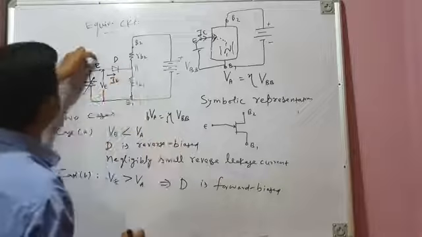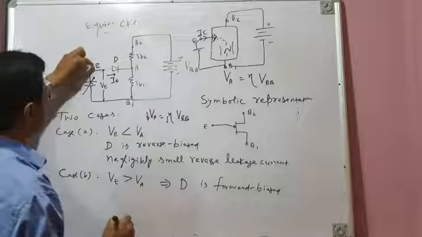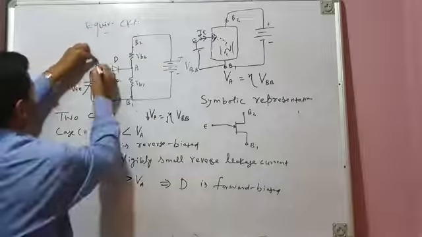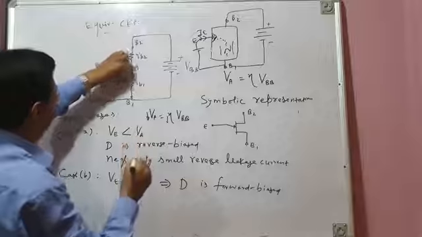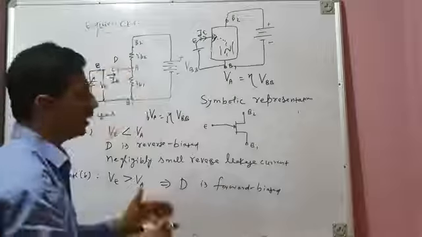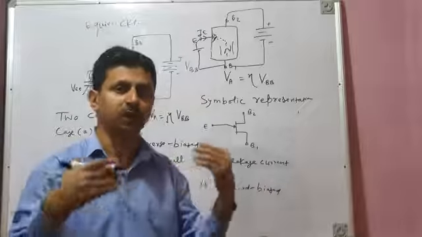So VA decreases, VE is fixed, so it becomes more forward biased. Earlier we had assumed that VE is more than VA. Now since VA further decreases, VE becomes much larger than VA, so forward bias across the diode further increases.